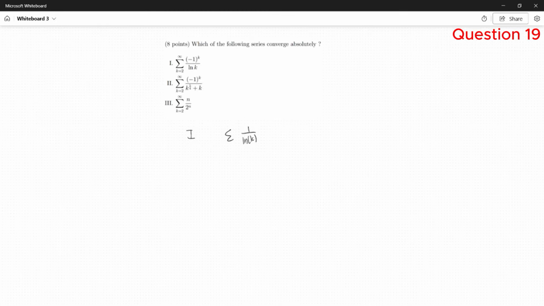The best way to do this one is by using comparison. Let's compare this to a similar series, and we know that the natural log of x has a relatively similar shape to that of the square root of x. Well, we know that the series 1 over square root of x diverges.